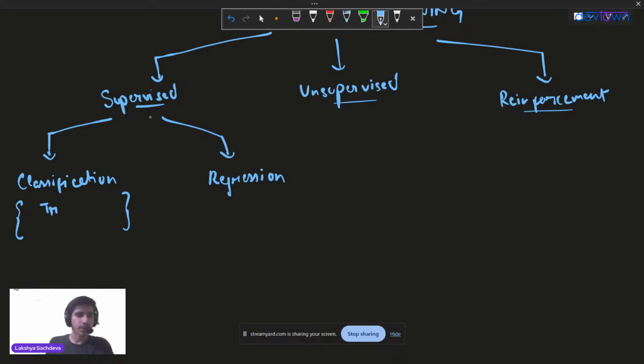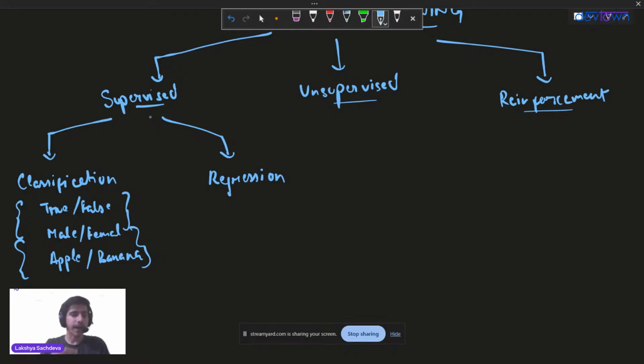Suppose I am saying true or false, or male or female. We are predicting some kind of class. Suppose we are saying apple or banana. So we are predicting one of the classes. Whenever we are trying to predict a discrete value or a class, we call it classification.